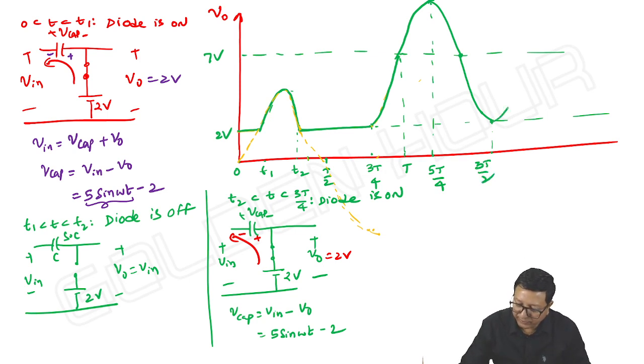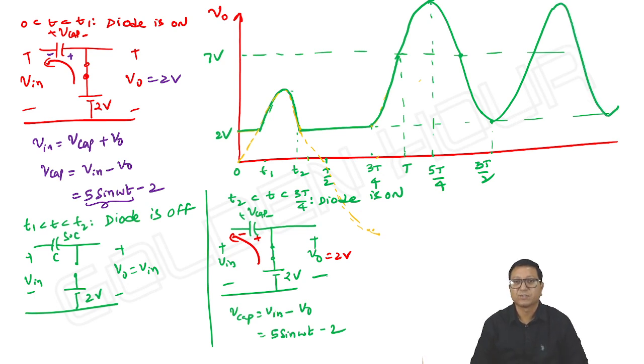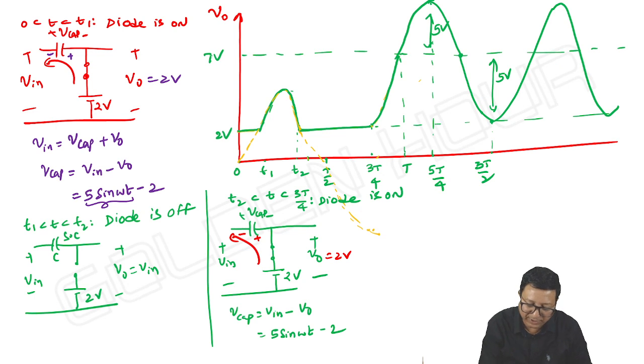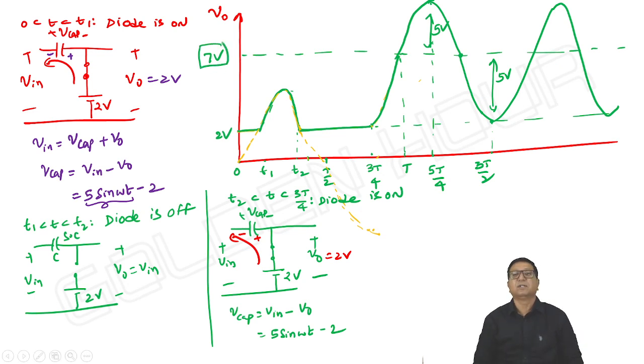Again it will rise and we can see like this, which means it is like a 5 sin omega t. What about this height? It is 5 volt. And what about this height? It is 5 volt. A 5 sin omega t signal is appearing with respect to 7 volts.